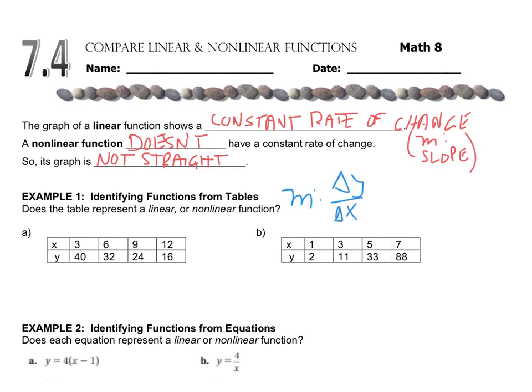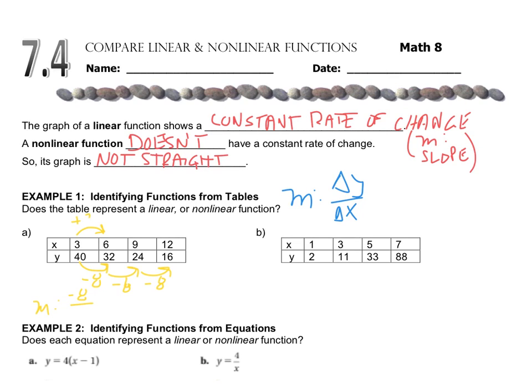So the y's are going down by 8, down by 8, and down by 8. So then my change in y is down by 8. But I need to make sure I see something consistent on the x's.